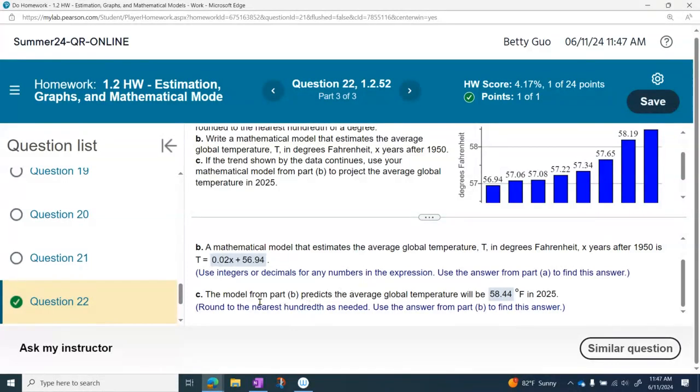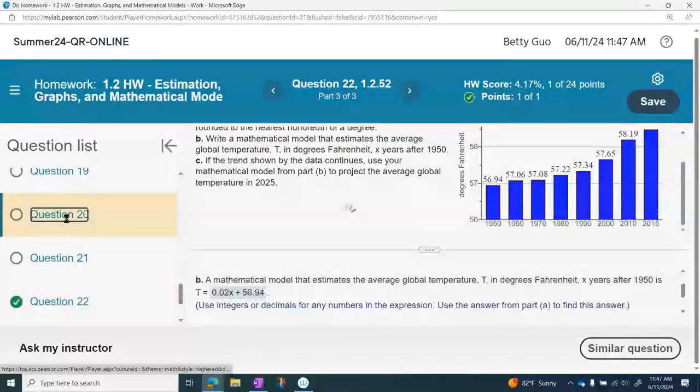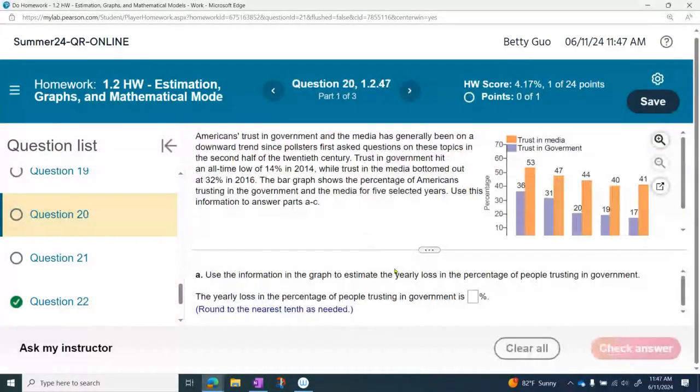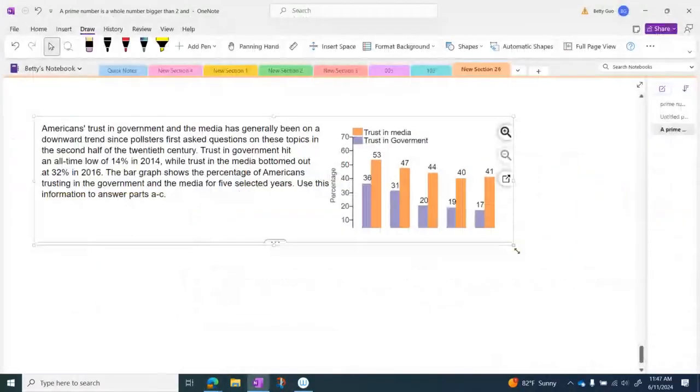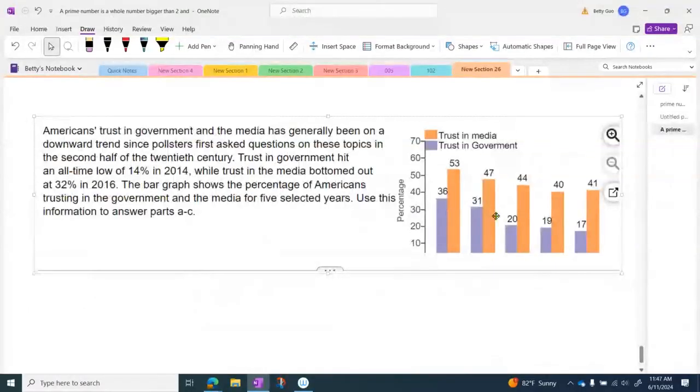Okay, can we go to number 20? We have 3 minutes. Just quickly figure out the process. This is a linear decreasing, okay? Americans' trust in government and the media has generally been on a downward trend since pollsters first asked the questions on these topics in the second half of the 20th century.